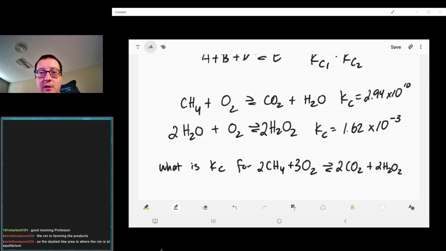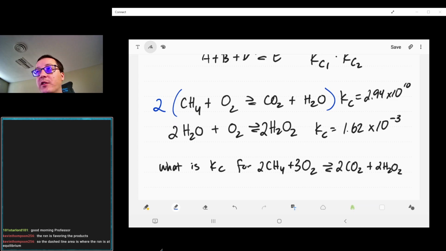Hopefully my math is correct here. But let's see what this reaction would be. If we wanted to combine these, we could do that, right? However, we are going to not have enough, so we're going to want to multiply this one by 2, so that we will end up with 2 methanes, for example.